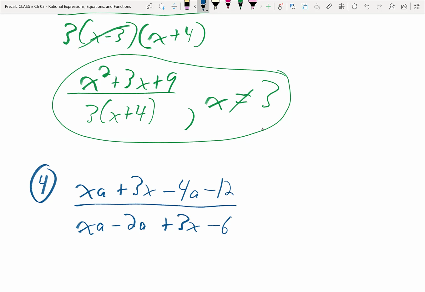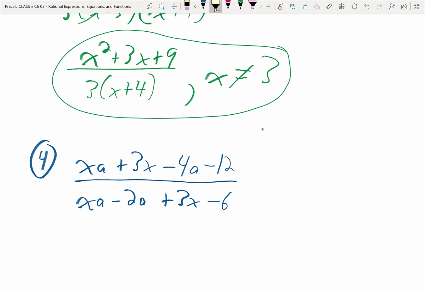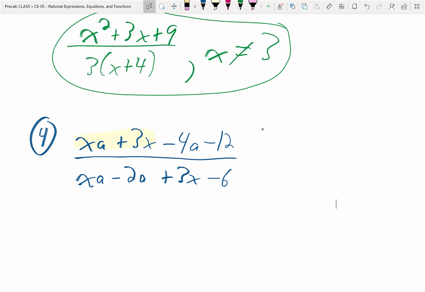So numerator, this is factor by grouping, and you're looking to see, do these have anything in common that you can take out? Yep. Can you rearrange the terms on the bottom so that you can put the x's together? You can, absolutely. Can you just take out the xa? Not the xa, because it's addition, remember? It has plus signs next to it. You've got to pull it apart and factor it. But we may not have to.